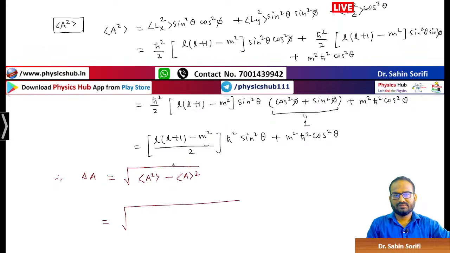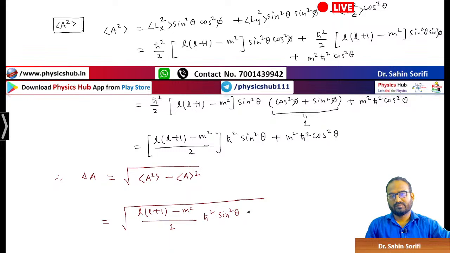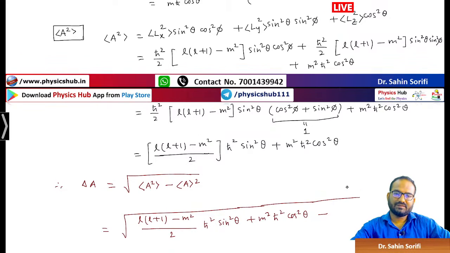The expectation value of A square is this thing, L into L plus 1 minus m square by 2 times h cut square sin square theta plus m square h cut square cos square theta, minus the expectation value of A whole square.